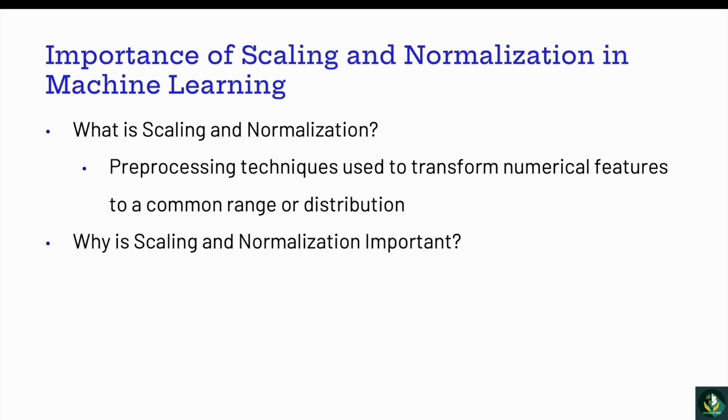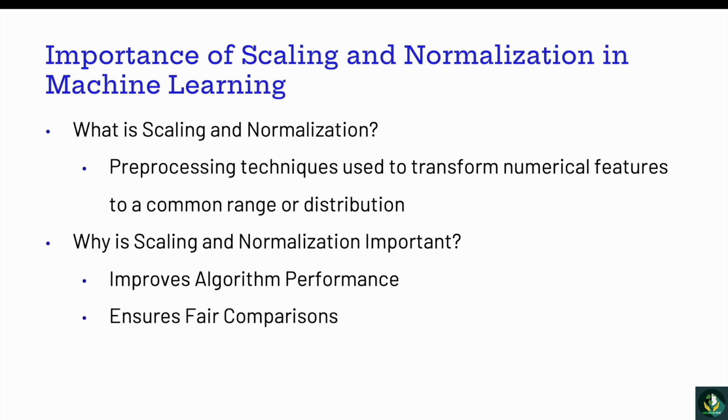Now, why is scaling and normalization important? First, it improves algorithm performance. Many machine learning algorithms, such as k nearest neighbors (KNN), support vector machines (SVM), and gradient descent based models are sensitive to feature magnitudes. Features with larger scales can disproportionately influence distance metrics or optimization processes.